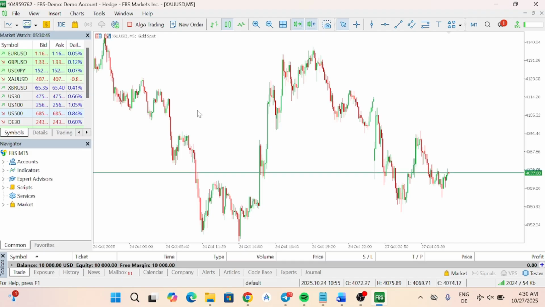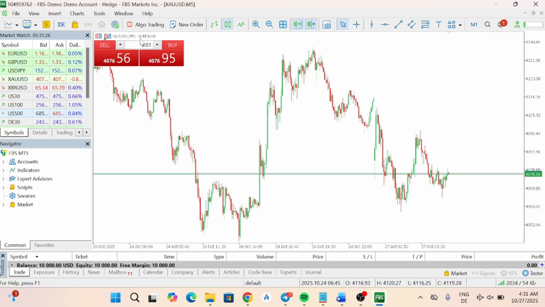So let's go over this. This is your order, a one-time order. You can see here that it's 0.01. That is a lot. This is a micro lot. Let's just take another example. If you want to buy this market, remember guys, I trade only gold here.